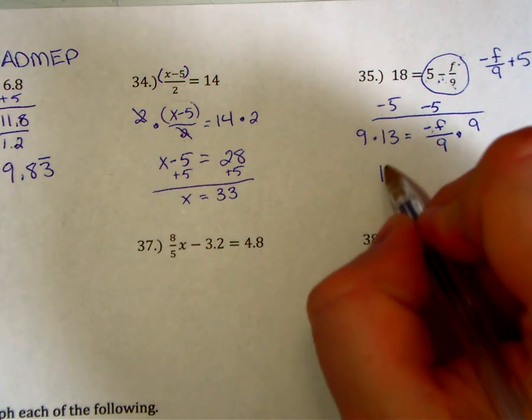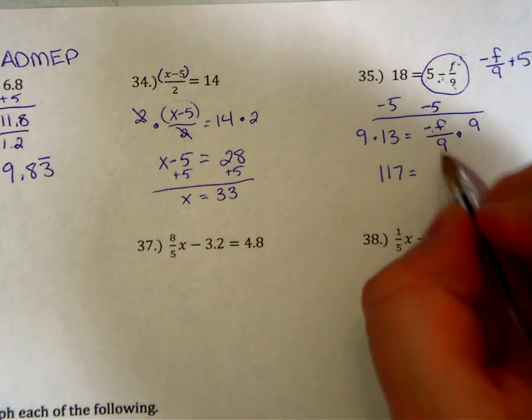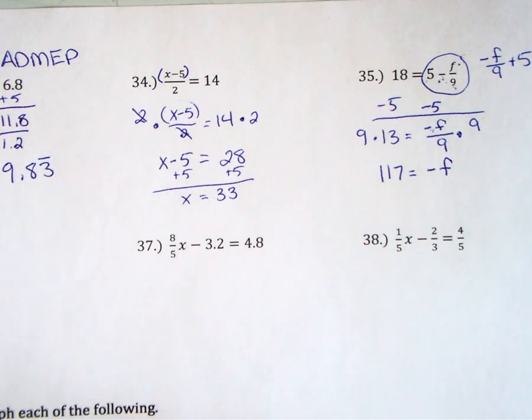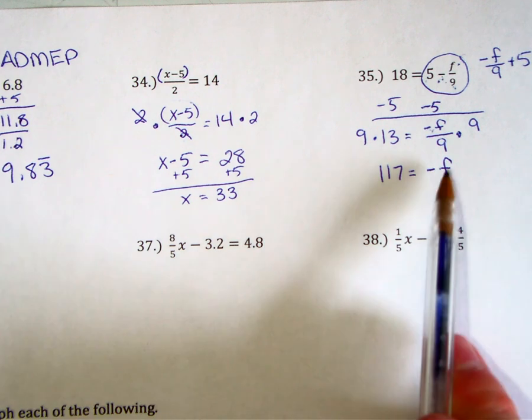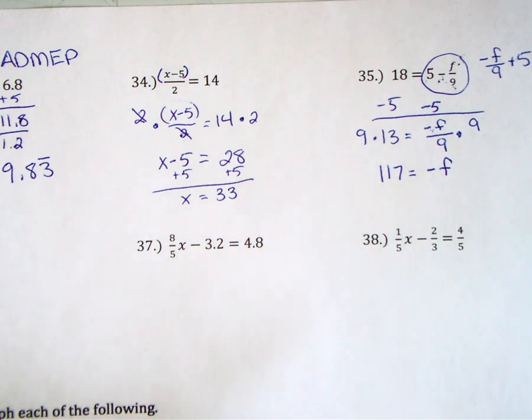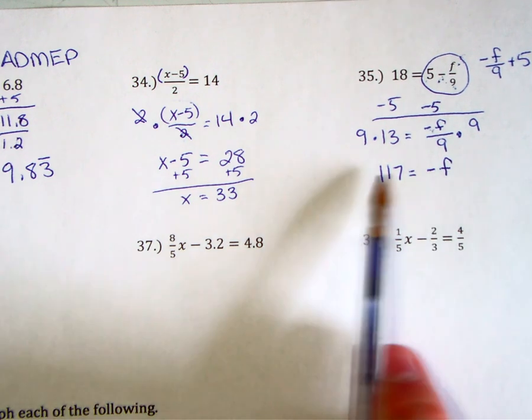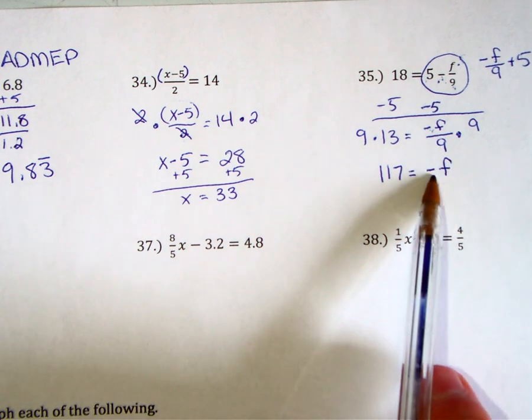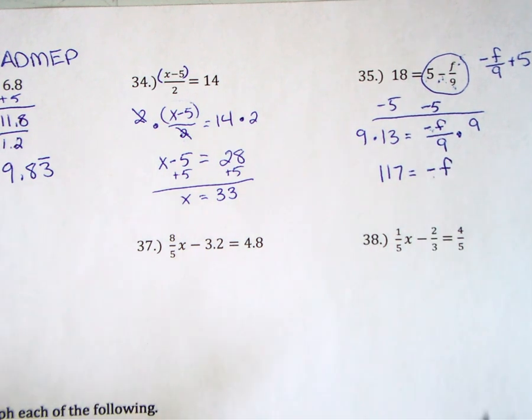And so we end up with 117 is equal to, remember that we have left a negative f. And we've talked before about having a negative variable in class. You cannot have a negative variable left as a solution. You can have a negative value for that variable, but you cannot have a negative variable.